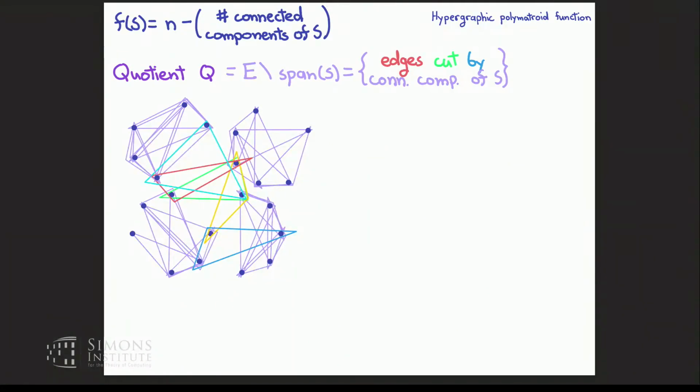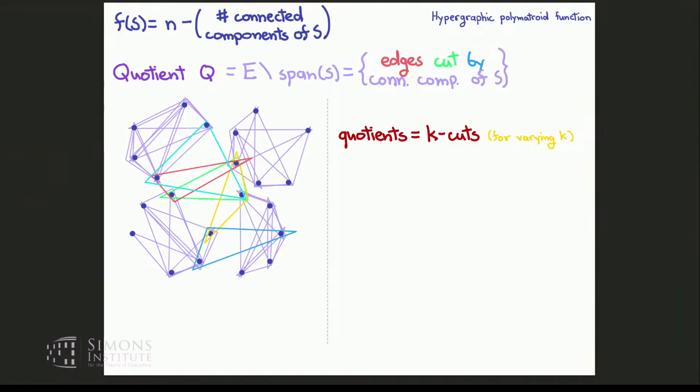Okay, so right, here a quotient might look like this. If purple is S, then the remaining colored edges are going across the components induced by purple. There's one kind of interesting thing, which is that the quotients directly map to k-cuts. I break the graph into k components, and I look at the hyperedges going across it.